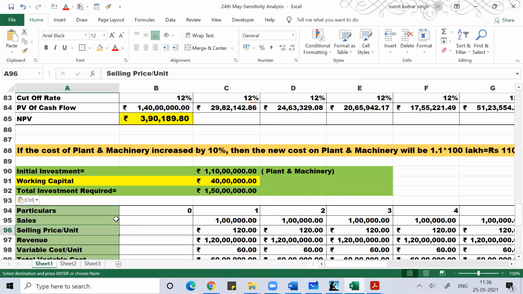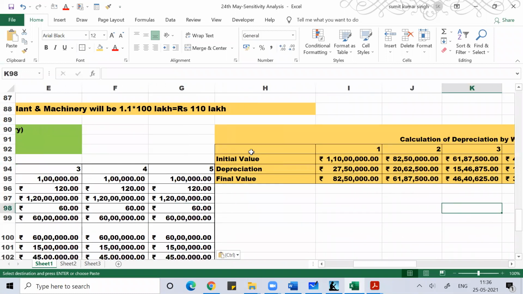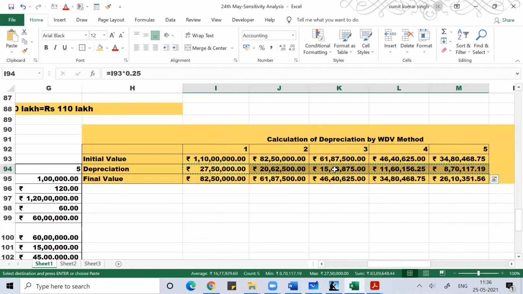So here what all do you change? Here you will change depreciation. I'll change the value of depreciation.